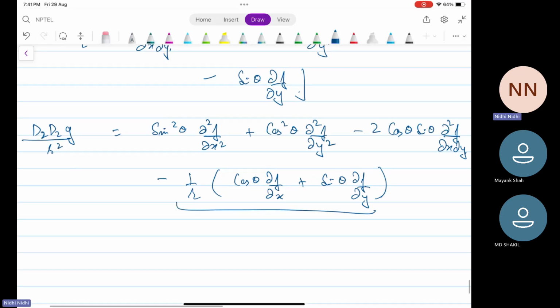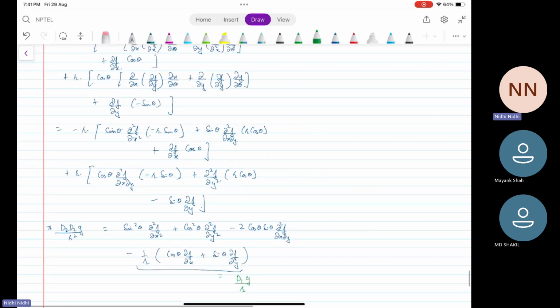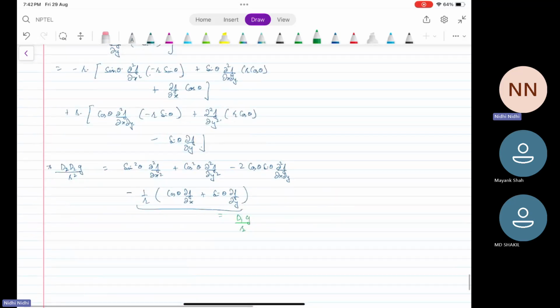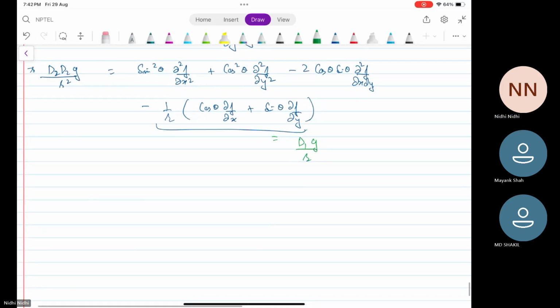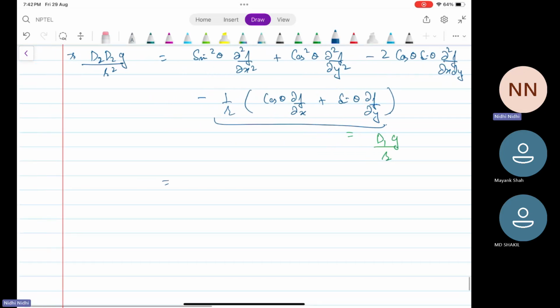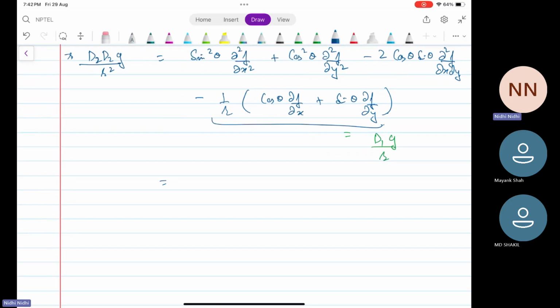This term is equal to d1g by r by first cos theta del f by del x plus sin theta del f by del y. So this can be written as, I can take this d1g upon r on the left hand side.